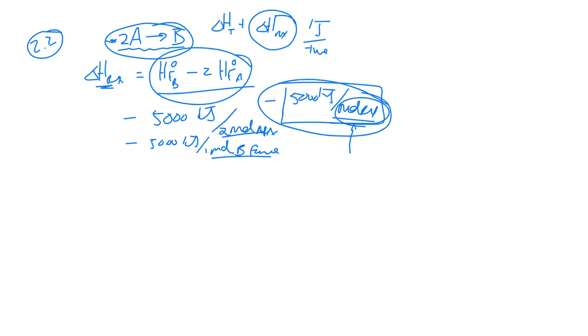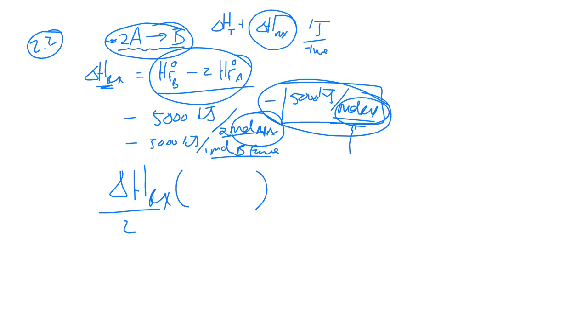Either I must take my del H reaction and multiply it with something divided by 2, and then multiplied by the amount of moles of A that reacted.